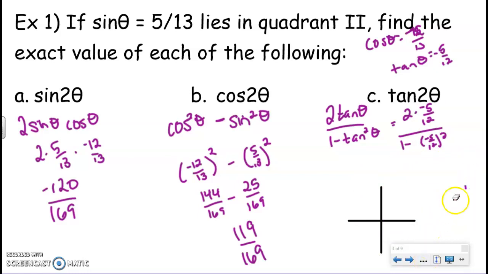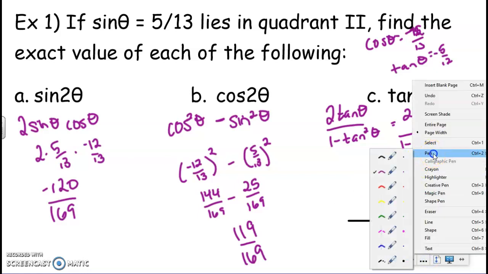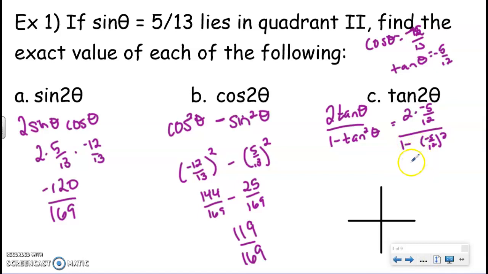Okay, so on the top in my numerator, I end up with negative 5/6. And in the denominator, I have 1 minus 25 over 144. So I actually get 119 over 144, I believe.